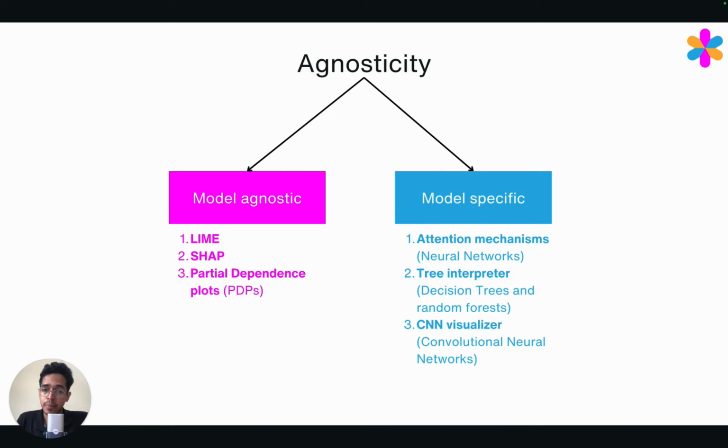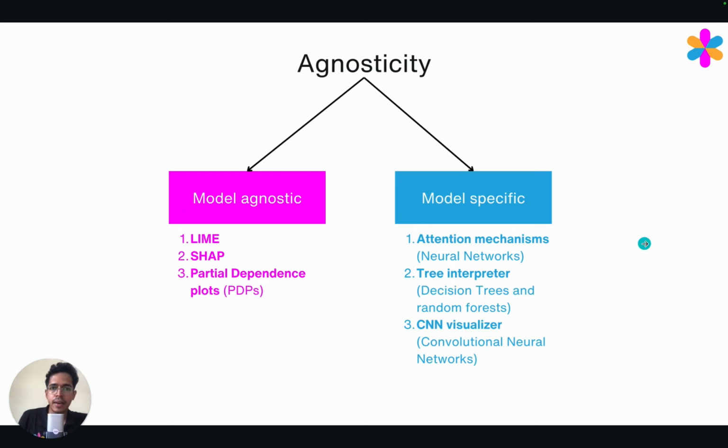There are tree interpreters which work for decision trees and random forests. CNN visualizer works for convolutional neural networks. So these are model specific explainable AI methods which you cannot use for all models, whereas the model agnostic methods can be used for all types of machine learning models. Hopefully this brings you some clarity about model agnostic versus model specific.